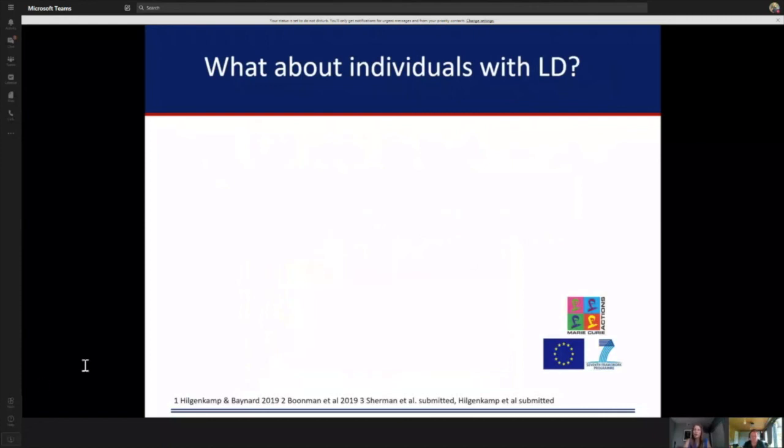And what we found is that they do have a lower maximal heart rate. It's not as pronounced as it is in Down syndrome, but it's still about 10 beats lower on average than it is for their peers in the general population. They also have a lower VO2 max that could be related to just the maximal heart rate.